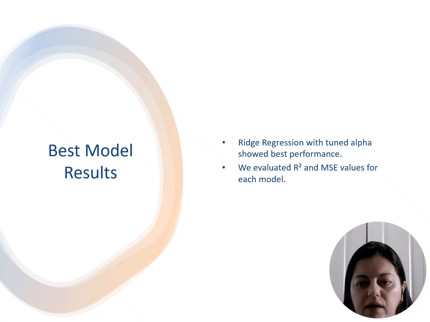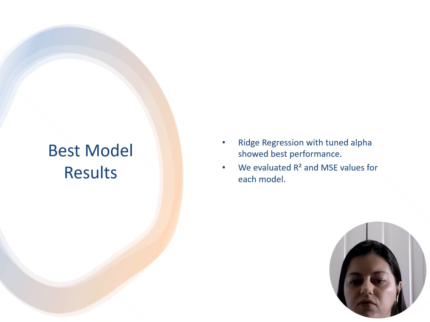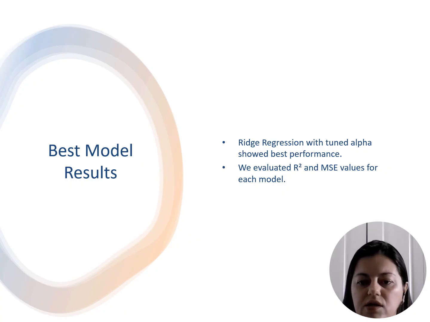One key insight was that multivariable models performed significantly better than single variable ones. This shows how combining multiple features can improve the model's predictive power. It's also interesting to observe how regularization in ridge regression helped reduce overfitting and lead to a more generalizable model.